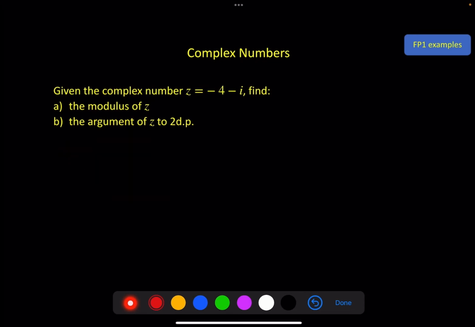Another example, in a different quadrant, this is minus 4 minus i, somewhere over here-ish, where the argument is this angle, and the one I'm likely to be calculating is this angle, call it alpha.